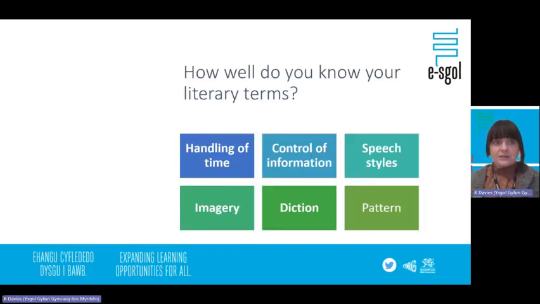Just a little bit of revision, trying to make you consider your literary terms. It's really important that you are familiar with literary terms and that you've got the right terminology needed to answer the demands of the question. If you think back to the grid at the start, the mark scheme that stipulated the AO1 and the AO2, the AO1 is about your academic register.